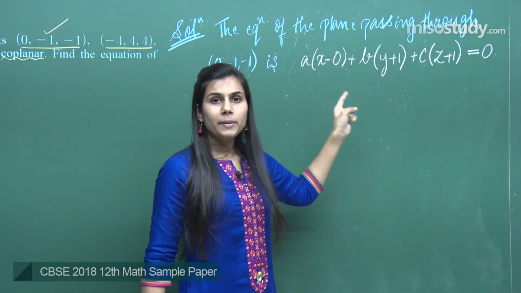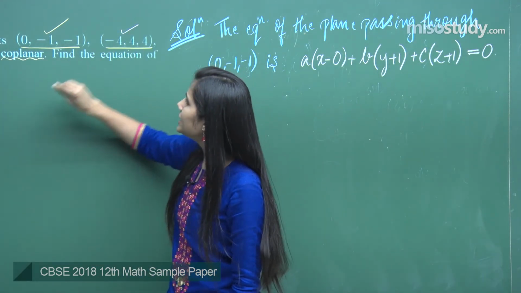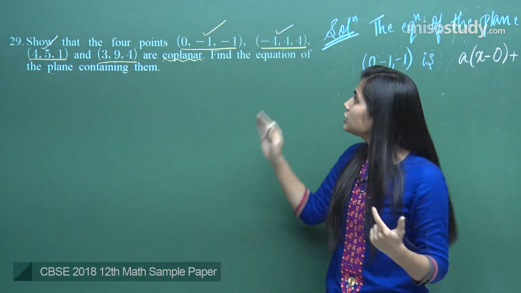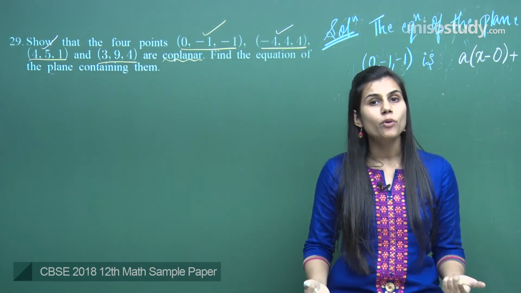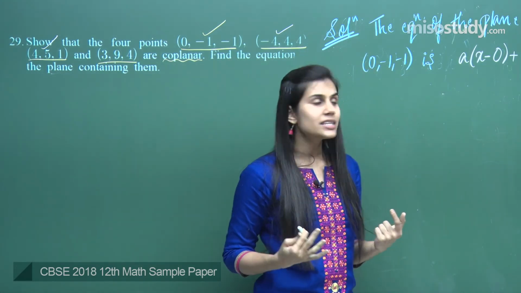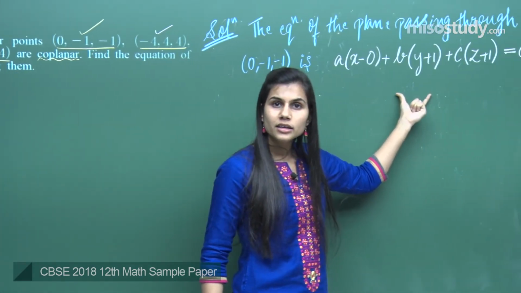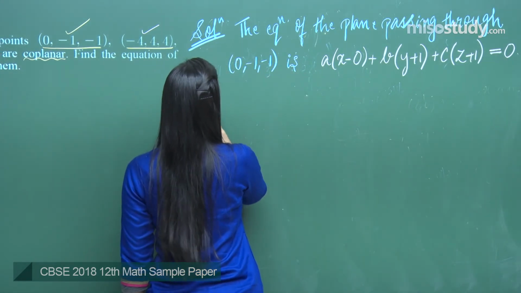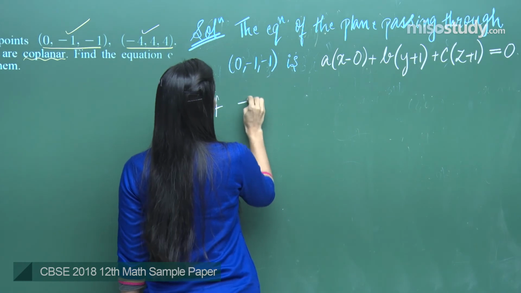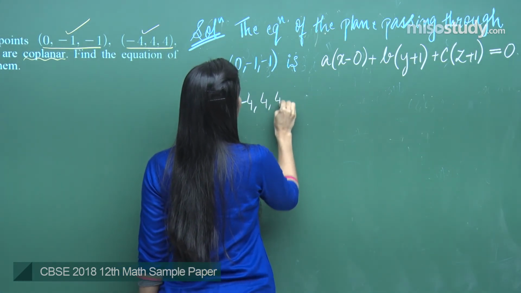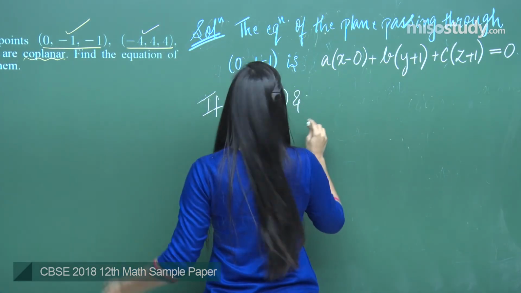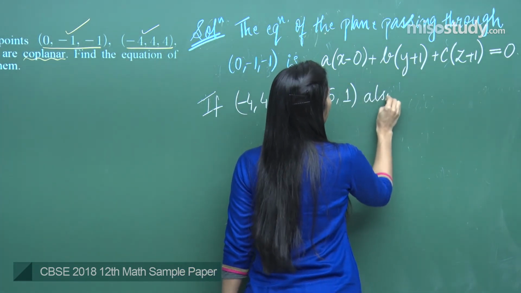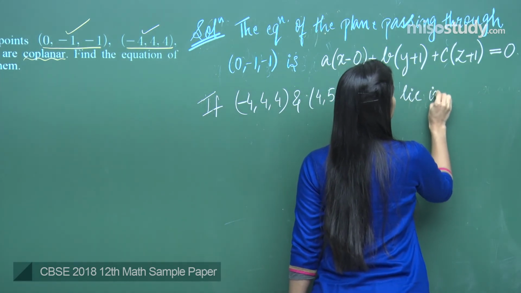Now, if the same plane passes through this point and this point as well, that means it basically contains these two points as well. That means these 2 points are going to satisfy this equation of the plane. So minus 4, 4, 4 and 4, 5, 1 also lie in this plane.